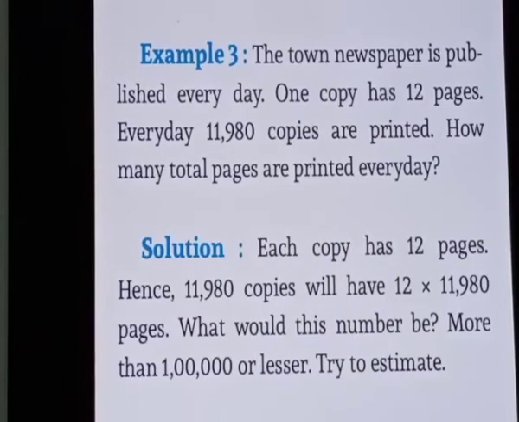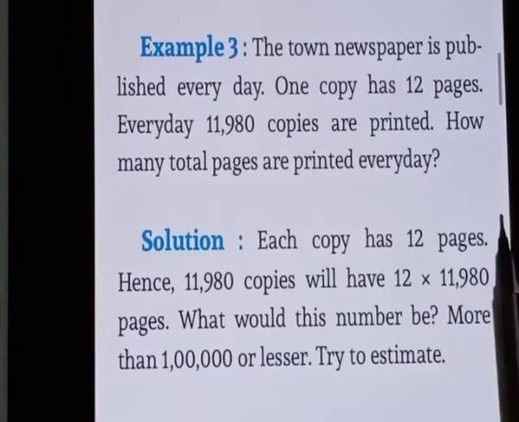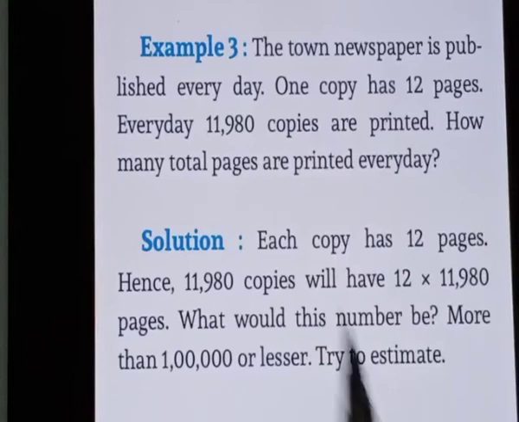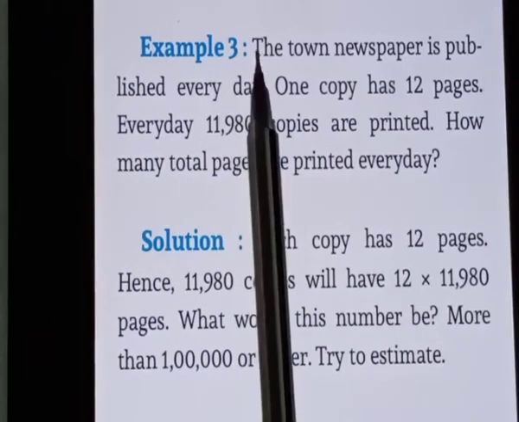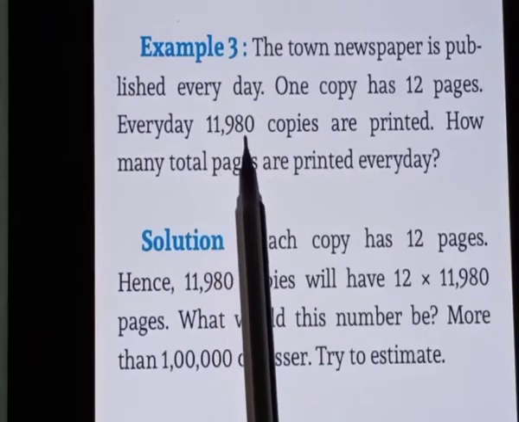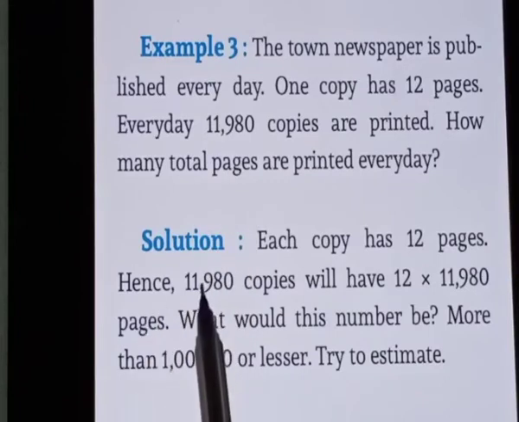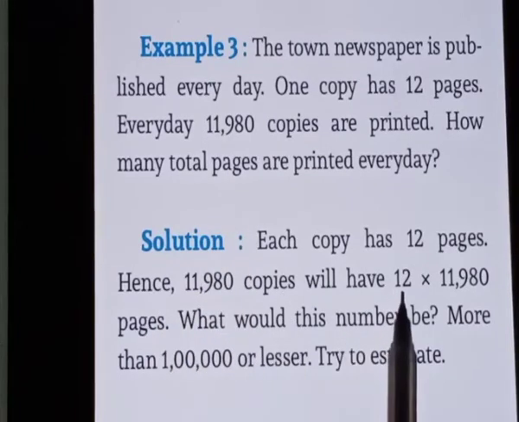It is quite simple. In the solution section, each copy has 12 pages, as given. And every day 11,980 copies are printed. So 11,980 copies will print 12 times this. Take an example: if you buy one chocolate for 5 rupees, you will pay 10 rupees for two chocolates.